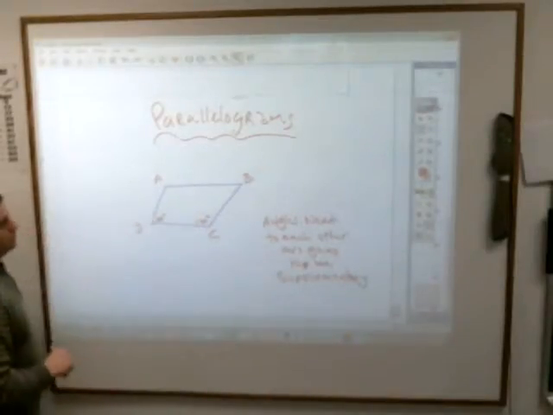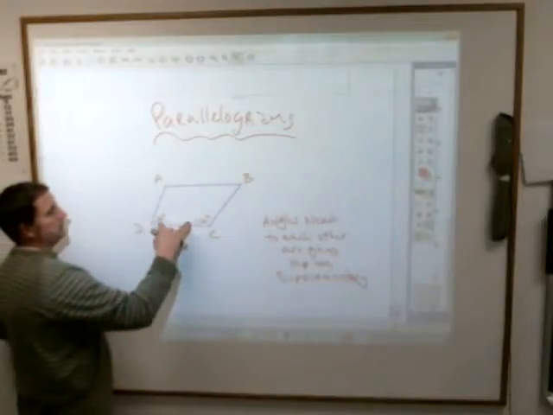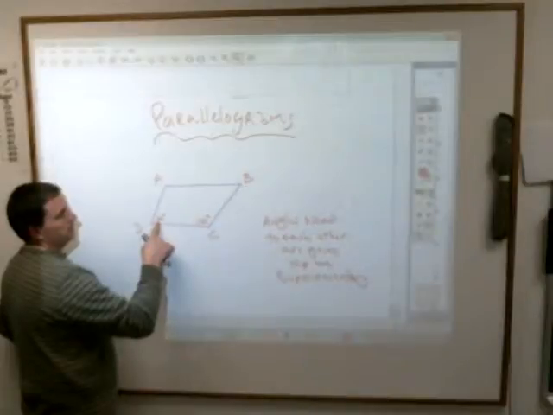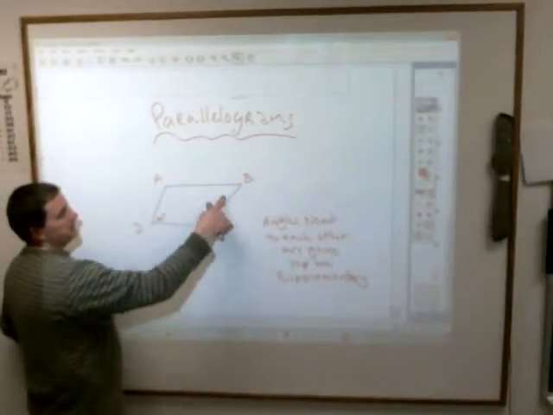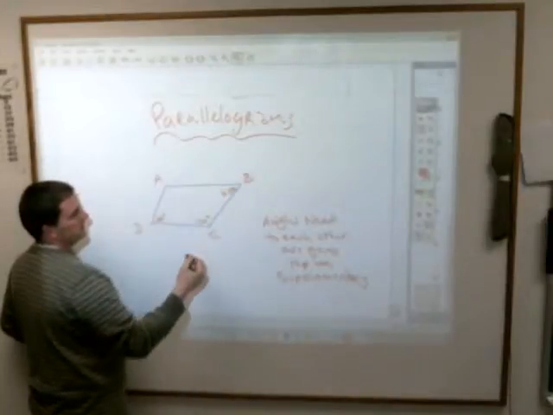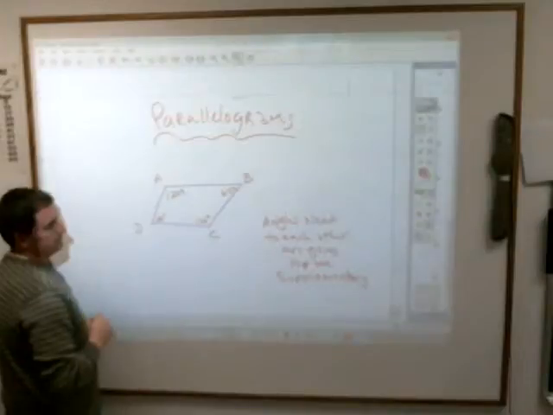In other words, if you find two angles side by side, 120 and 60, that means this angle here, angle B, is also going to be 60 degrees, and angle A is also going to be 120 degrees.